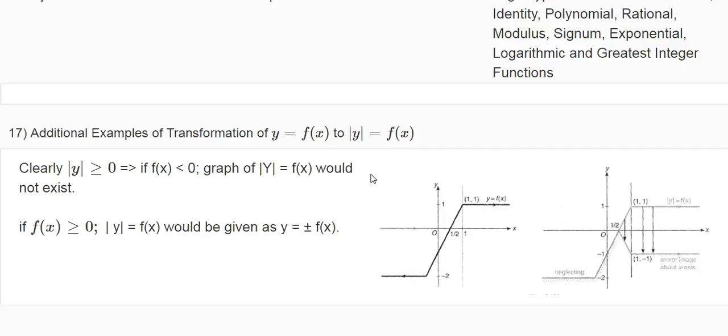And even in those examples we would be handling all the cases empirically, right? Not just telling you that okay, now move it 2 units to the right or 2 units to the left and ignore this portion or that portion. We will try to tell you all those steps empirically, so that you don't have to remember.